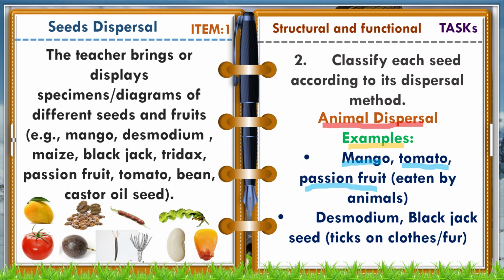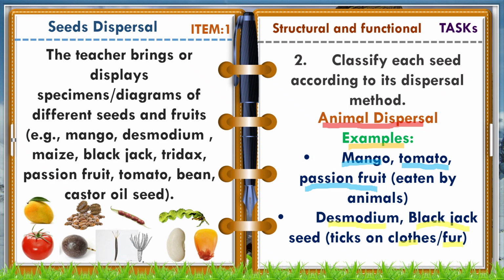All these ones are eaten by animals. Then we have desmodium, blackjack seeds. This one sticks on clothes or fur.